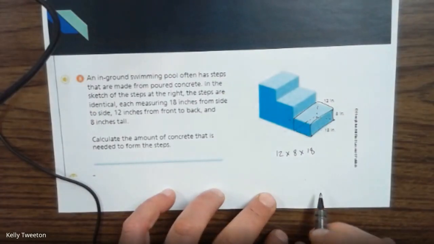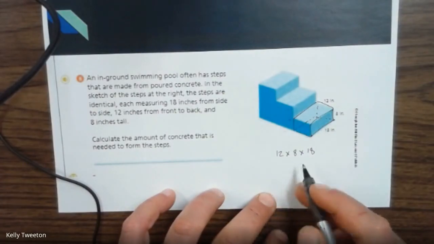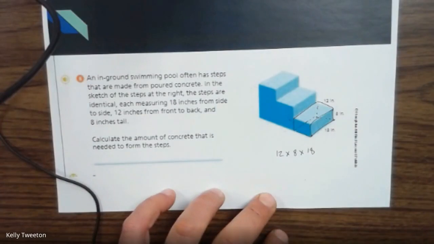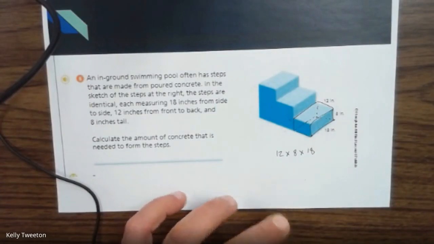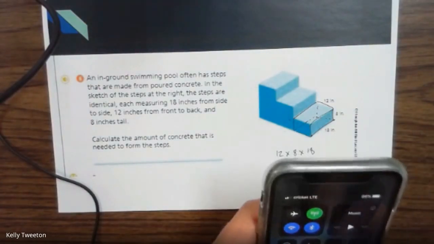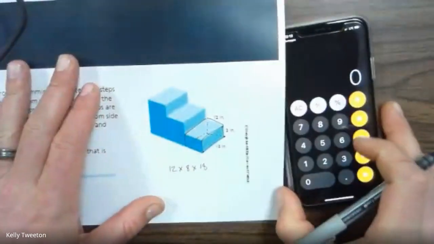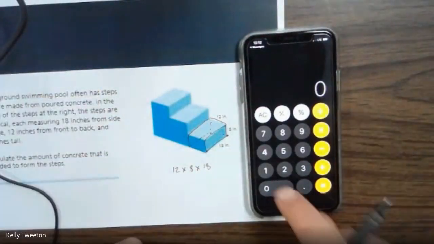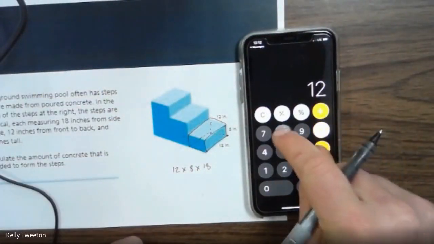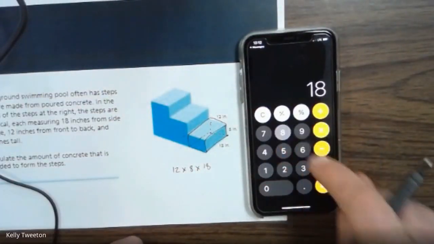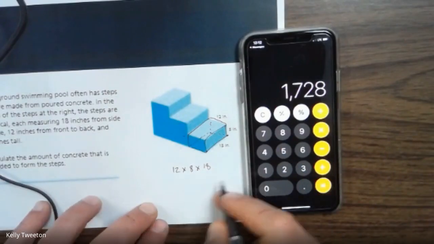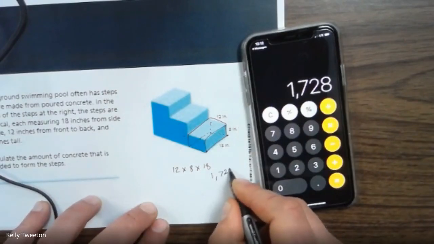Let's multiply 12 times 8 times 18. For this one, let's use a calculator to make it go a little faster because my recording is getting kind of long. Okay, here we go. I have 12 times 8 times 18. So that bottom step right there is 1,728.